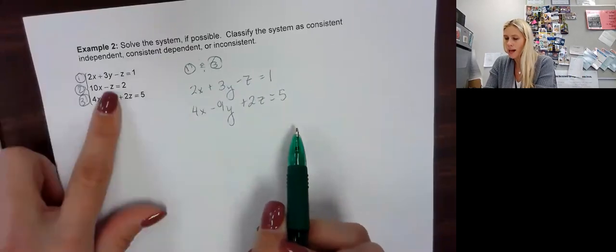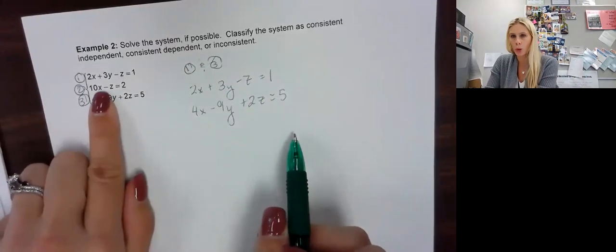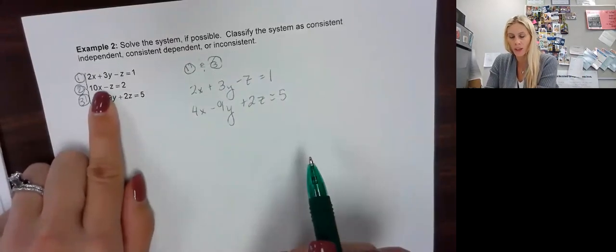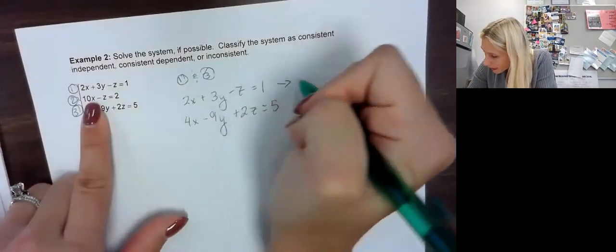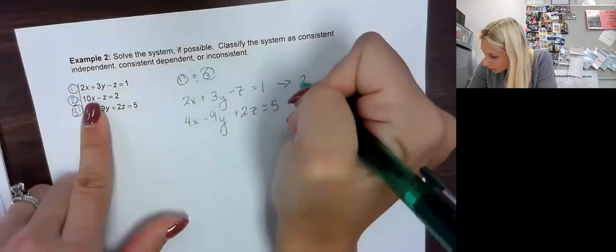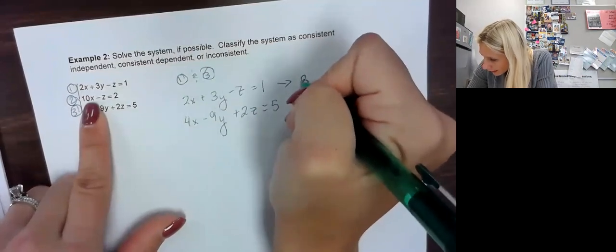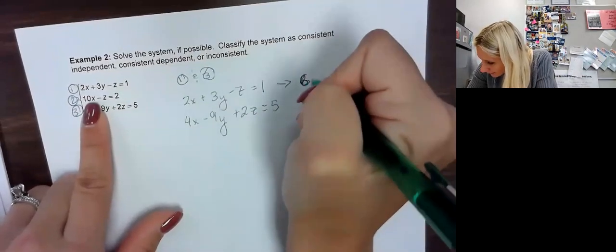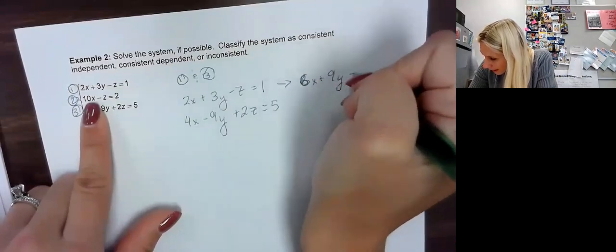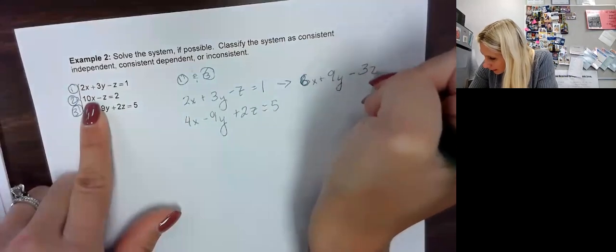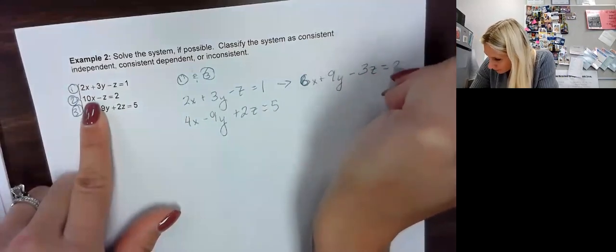So my answer, I can match up with equation 2 and then solve for one of those variables. But to do that, I have to multiply the top one here by 3. So I get 6x plus 9y minus 3z equals 3.